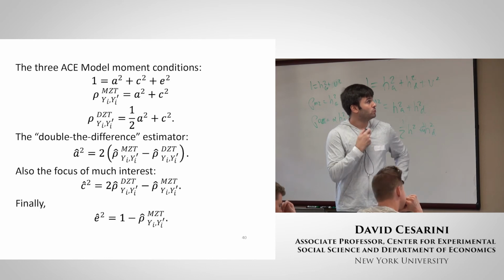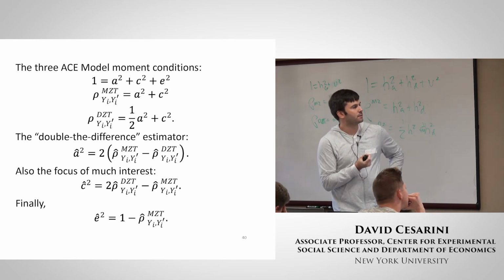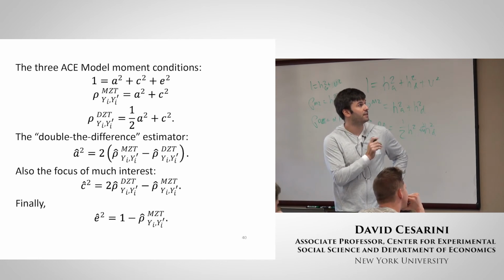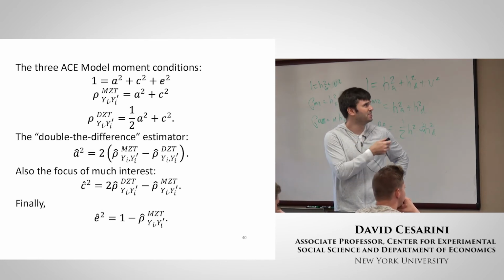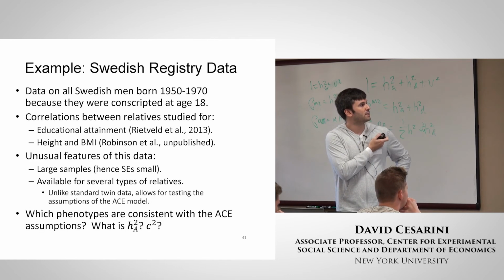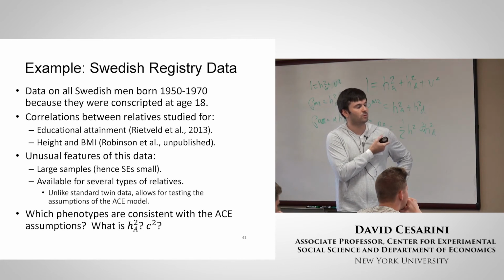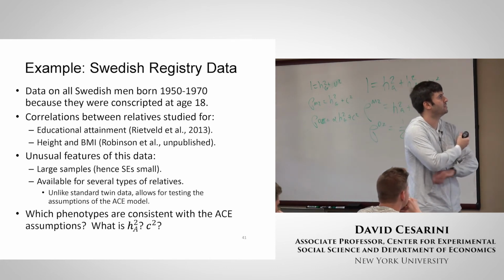And I'm just going to show you some data that I think contains some canonical findings from the BG literature. So these data are based on Swedish men born 1950 to 1970. So it's all men because Sweden had, until recently, conscription at age 18.